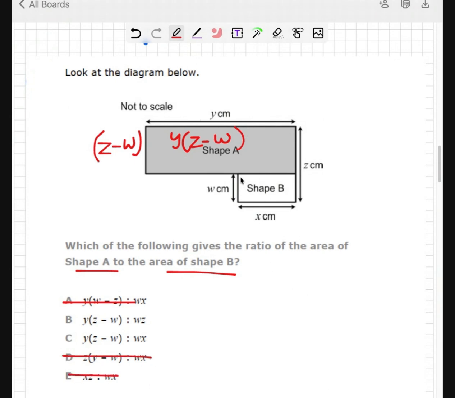Now shape B clearly has two dimensions, W and X, so the area of shape B is W times X, or X times W, whichever. I can see one of my remaining options has W and X, which means it is the same. So the area of shape A to the area of shape B is Y times Z minus W to WX. So this C is my answer, correct?